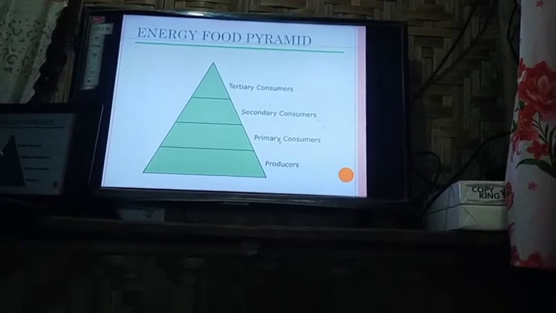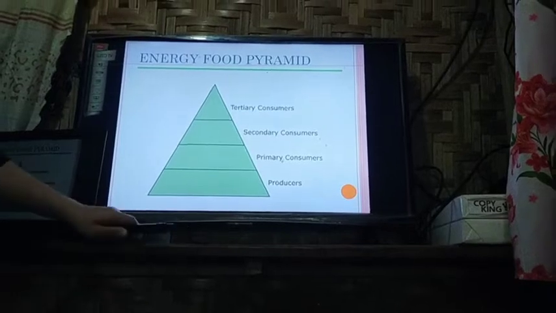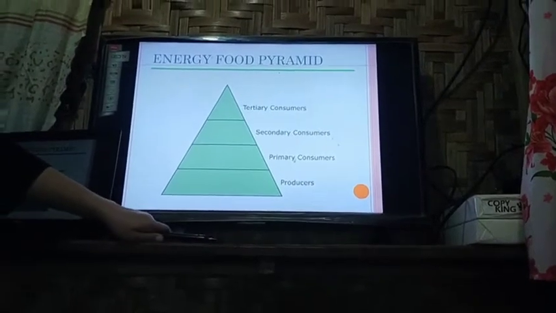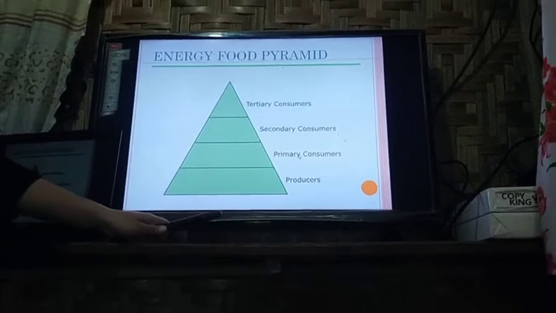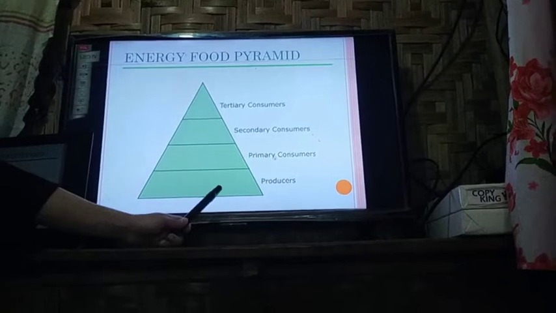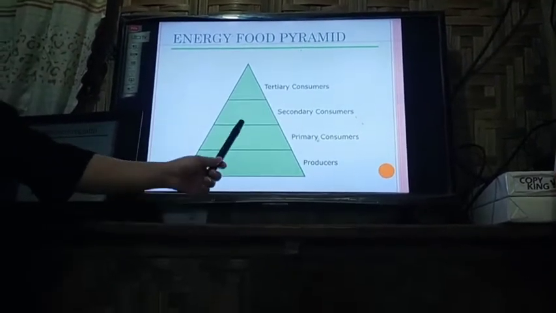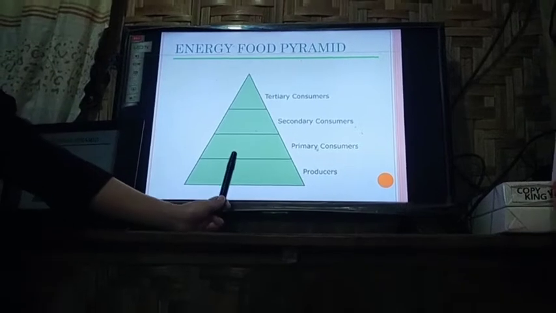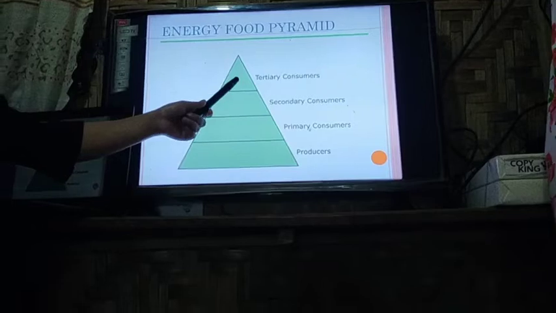So take a look. In the energy pyramid, we have 4 trophic levels. At the first level, we have the producers. Then the second level is primary consumers, then the secondary consumers, and the tertiary consumers.